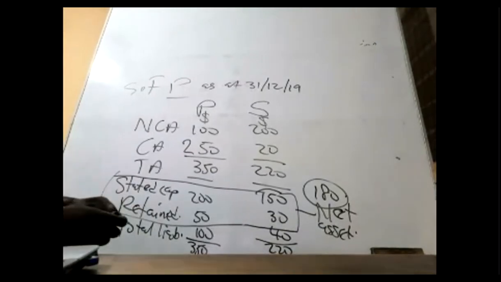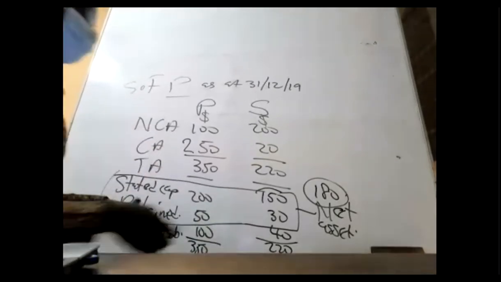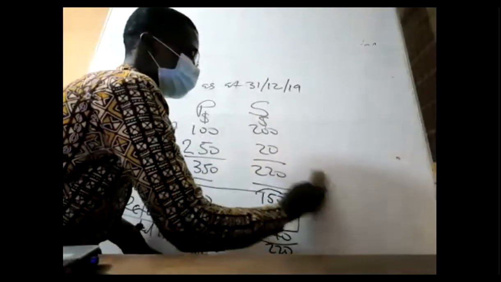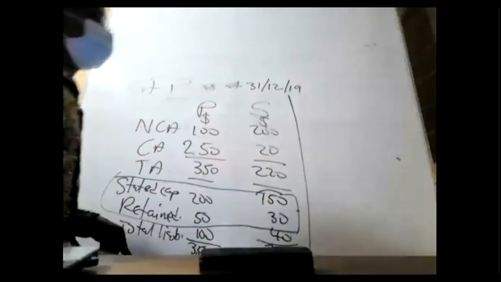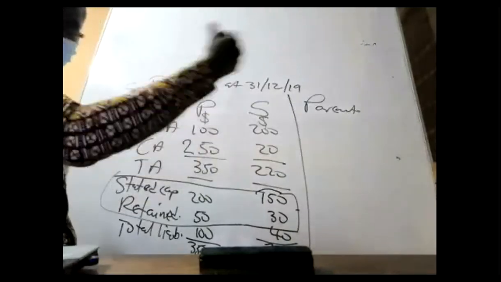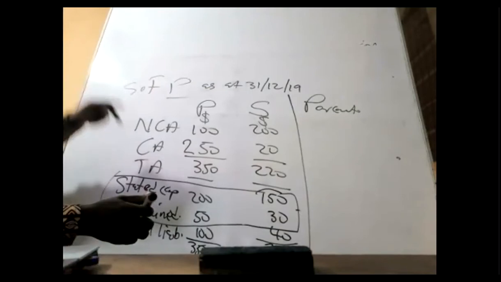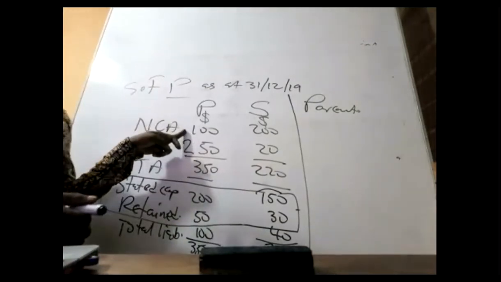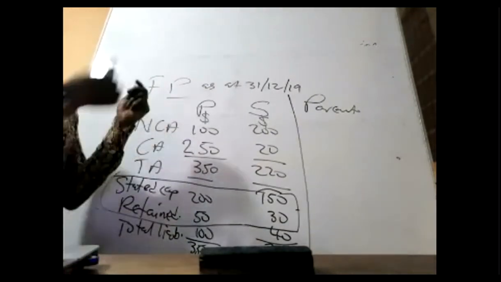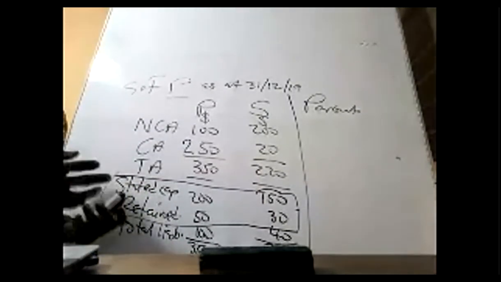Good. So tell me the accounting entry in the parent's financial statement. Let's prepare a new balance sheet for the parent right after the payment, right after paying that 200 Ghana cedis to acquire. Two things will happen. It will increase the parent's non-current assets, right? Because it's an investment. In the parent's balance sheet it is an investment. We call it equity investment.